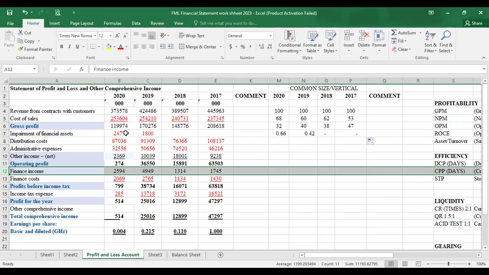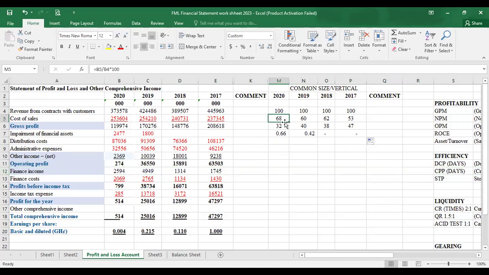So we would expect to have those at the minimum possible. So if we want to interpret the cost of sales figure we have computed, in 2020 we are saying that our cost of sales took 68% of our revenue value. And then, do you think it is good or bad?